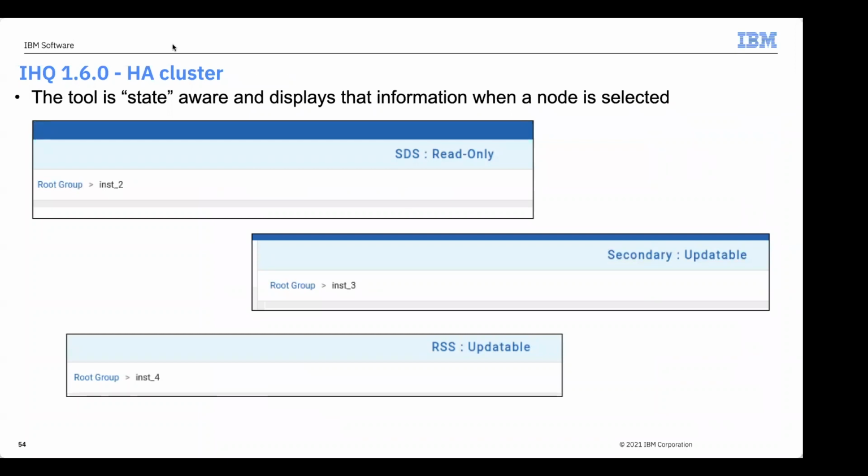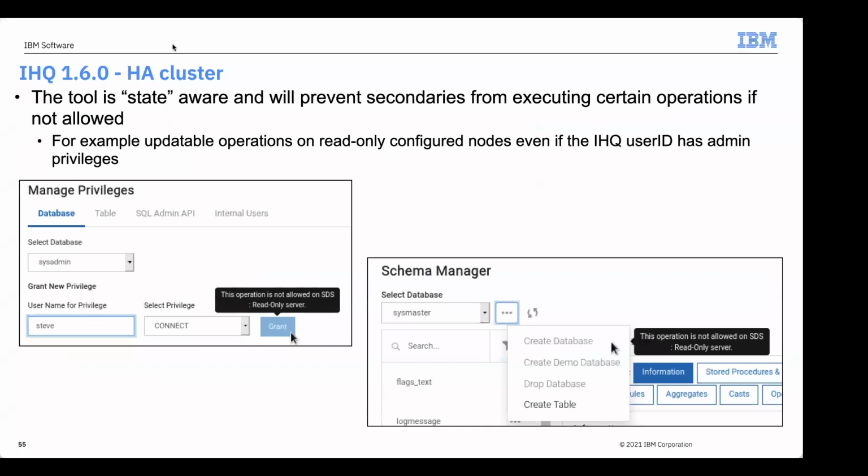As I said, the tool is HA aware, so no matter where you go inside of the tool, it will display what the state of a particular instance is. Is it part of an HA cluster? What type of node is it? Is it updatable? Is it read-only, and so forth? And when you try and make changes to a particular node, if it is not allowed by its node type, you will get an error.